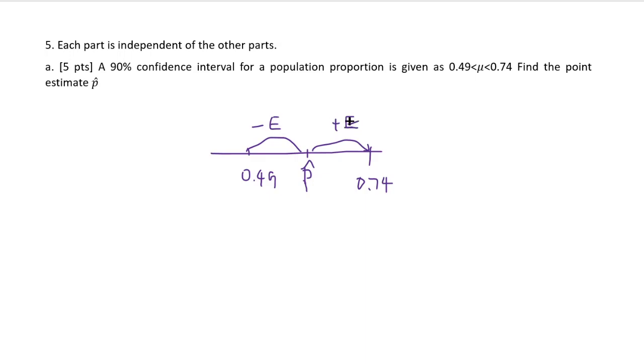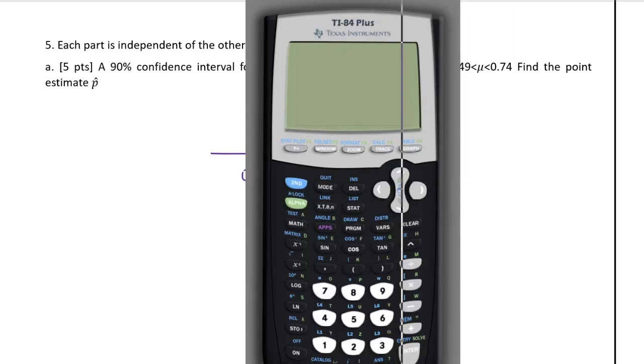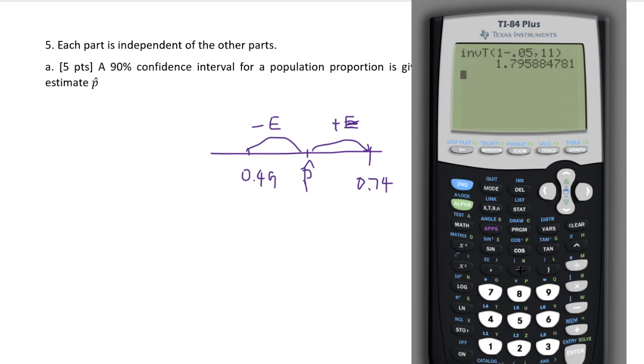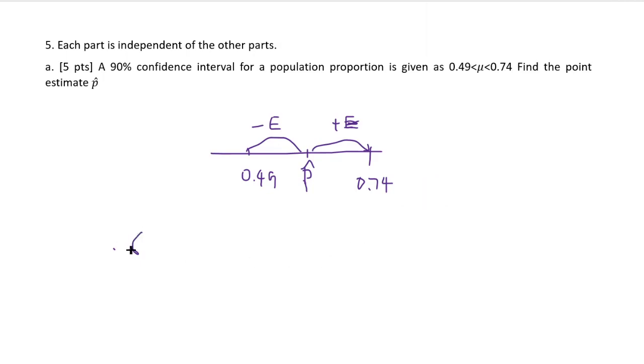And because of this, the picture suggests that p hat would be exactly the midpoint, right? So all you have to do now is just take the average. So let's add the two numbers, parentheses 0.49 plus 0.74, and then you divide by 2. And it gives you 0.615, and that will be the answer, 0.615.